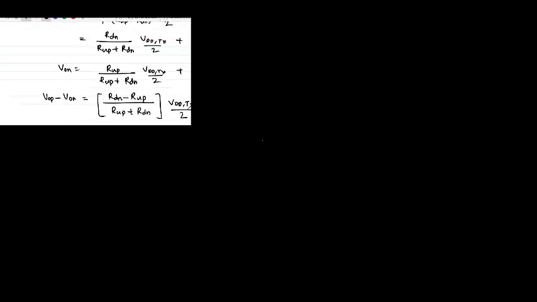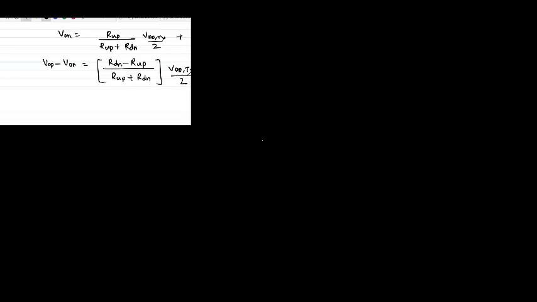Now let me write it in a manner which we can use better. So let's say I multiply R up and R down by R up, R down. Okay, so this will be 1 by R up minus 1 by R down times VDD TX by 2, right?